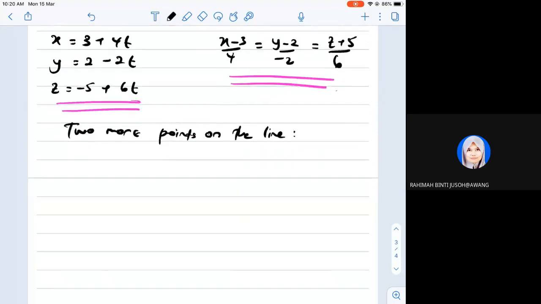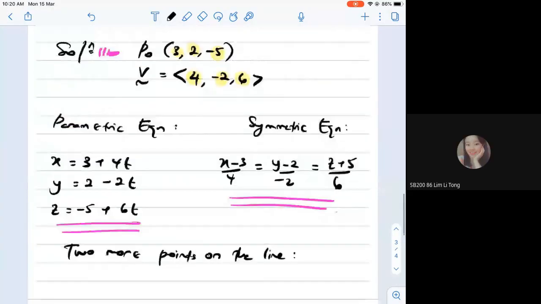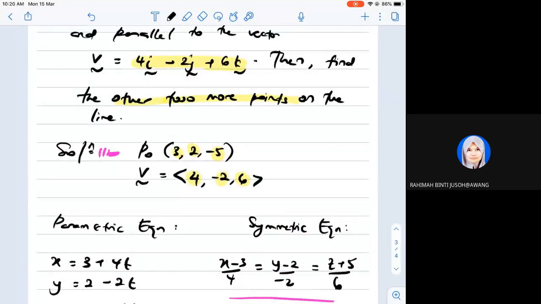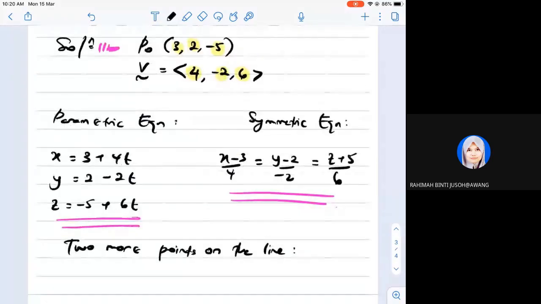My question: can we substitute t equals 0 in this case? No, because the question says the other two more points, meaning different points. If you substitute t equals 0, what happens?